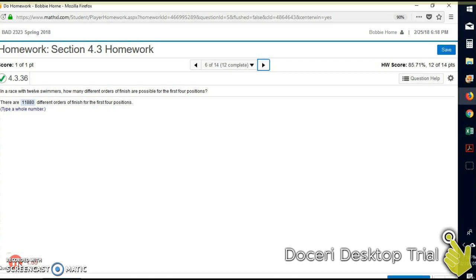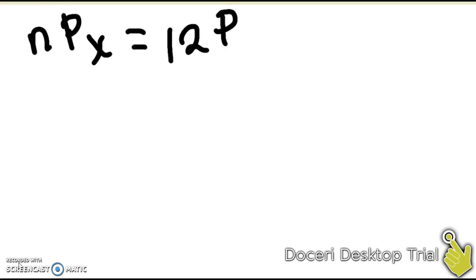So let's look at this. This is going to be a permutation, so we have nPx, where n was 12 and x was 4.